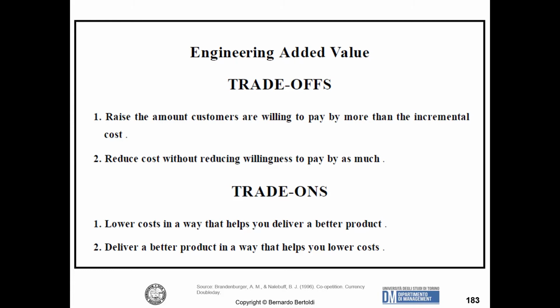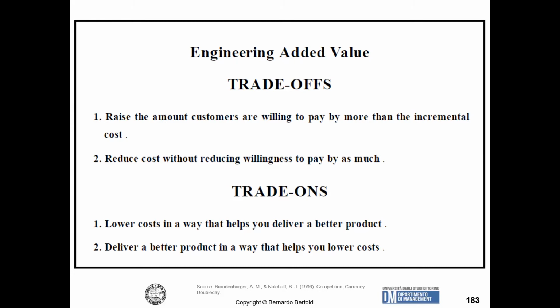But there are trade-ons. Trade-ons are cases in which you lower the cost, but if you lower that cost in that way, you will also raise the willingness to pay. So your cost will go down, your price will go up. Or the other way, you can deliver a better product, so increase the willingness to pay, and lower the cost.